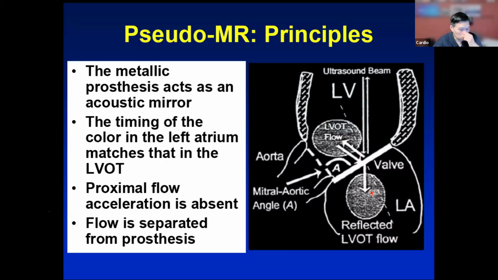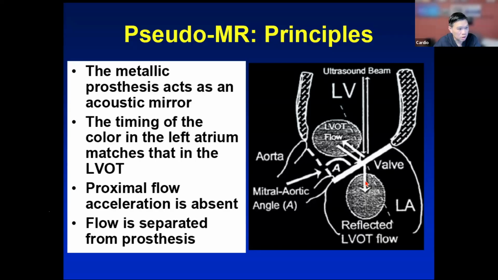You'll be surprised to know that way back we actually did a lot of TEEs because of this. With the understanding of these artifacts, we actually saved a lot of TEEs.